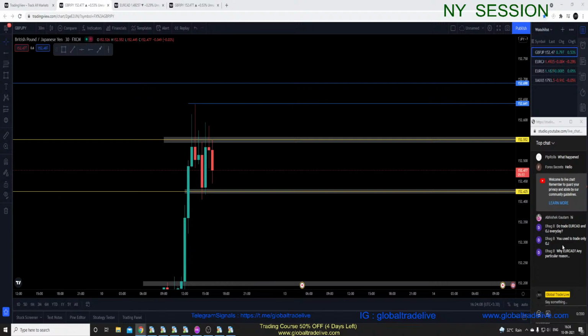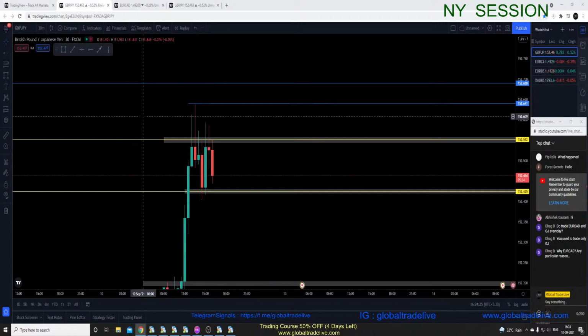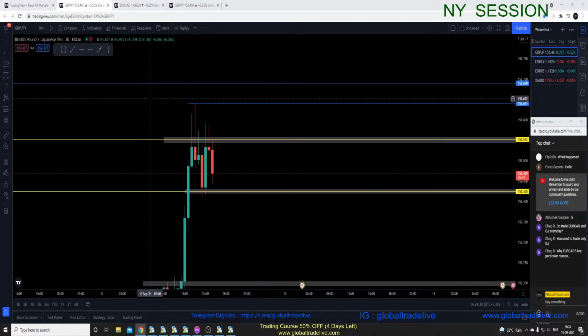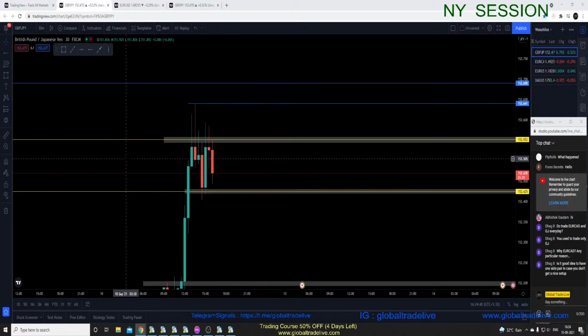Yeah, I used to trade only GJ, but since yesterday I decided to trade the EuroCAD also, because we were waiting for JPY to make some move, or show some volume from the past few days, but it wasn't doing that. So I thought, why not find another pair which is good enough and safe enough to trade. So I researched some pairs, and then I got this EuroCAD pair.